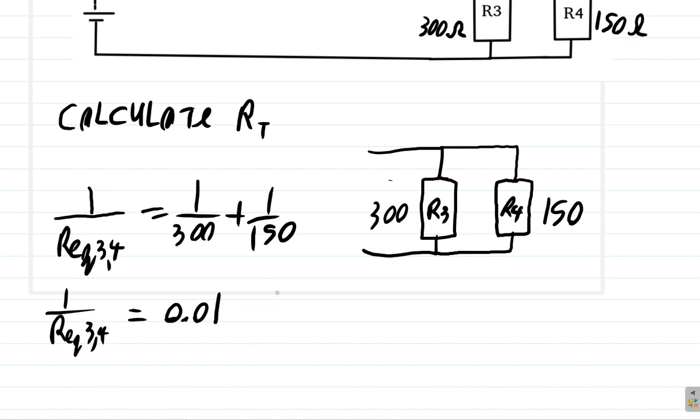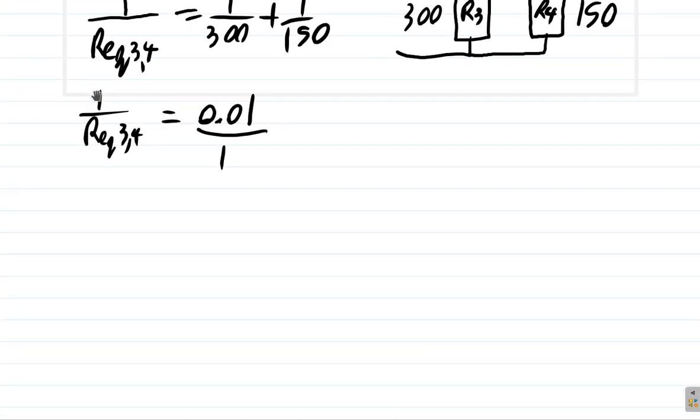Now this you can write as 0.01 over 1. If 1 over this equivalent resistance equals 0.01 divided by 1, what you could do is find the reciprocal of both sides. Or if you want, you could cross multiply. You'll get the same thing.